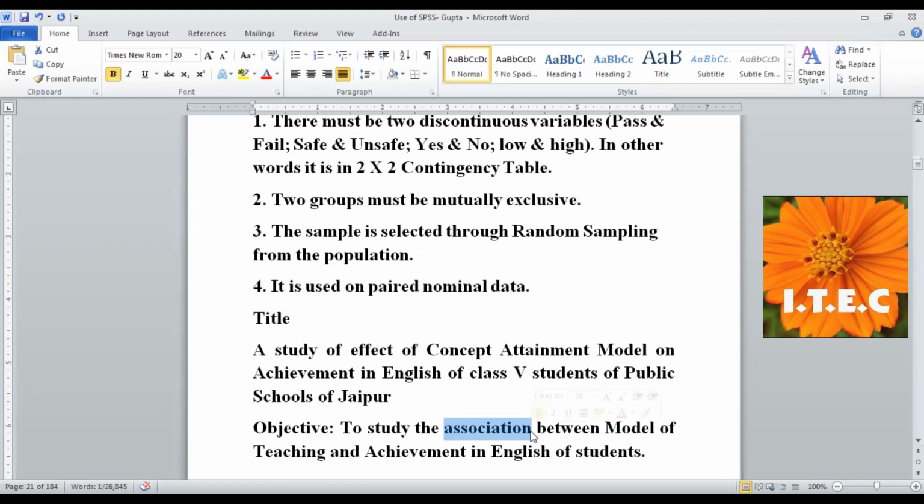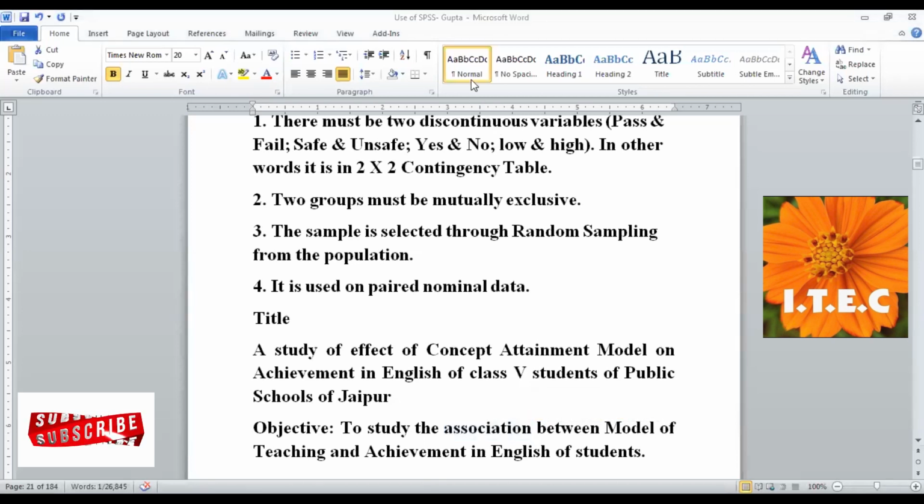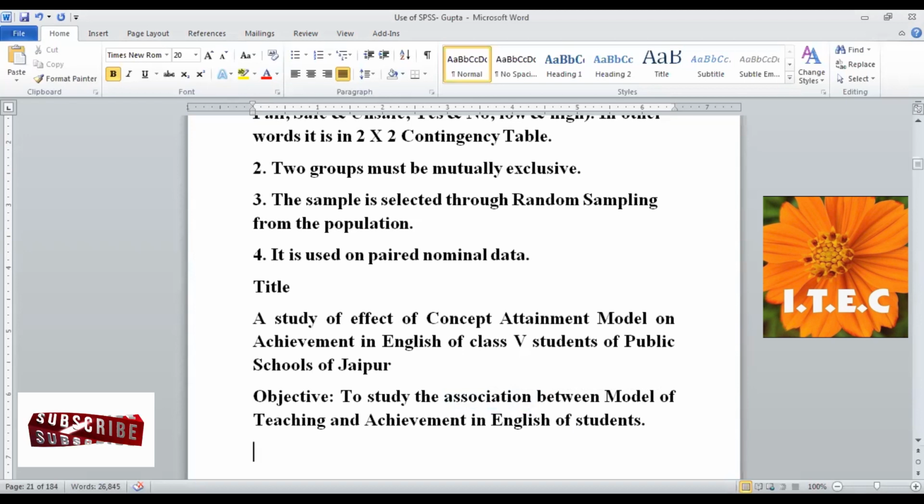Because I know that I have the data which is on the nominal scale, therefore I have to use the word association. So that means I administer a test, and that test will be achievement in English. And then I see how many students pass and how many students fail.